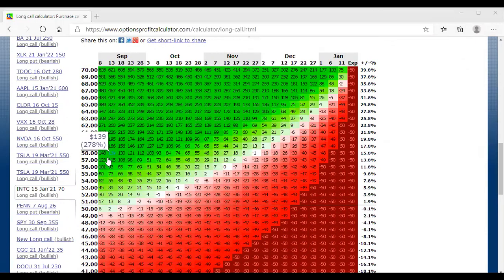So I would look for it to hit 60 to 57 by October. If I'm going to hold it to November, I want it to hit probably around 63 to 60. But I would be getting out anywhere from October 23rd to November 7th.